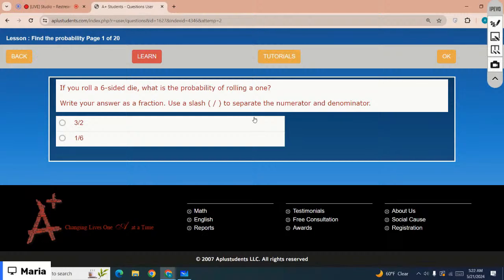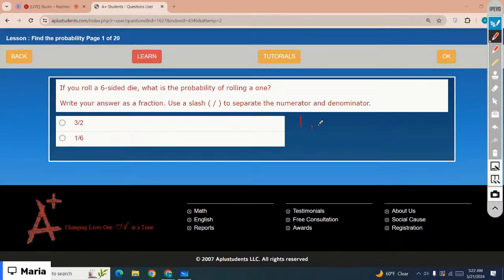Okay, you roll a six-sided die. What is the probability of rolling a 1? Again, you have the six outcomes for the die.